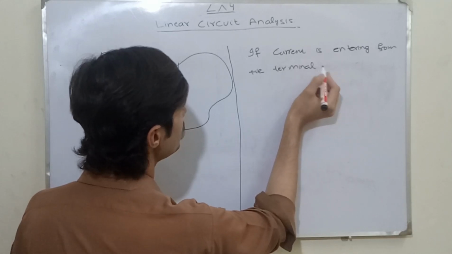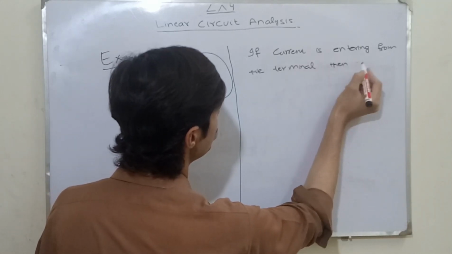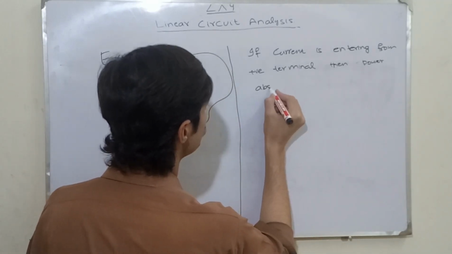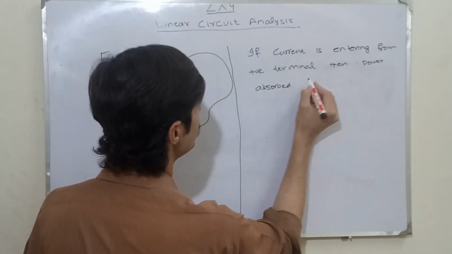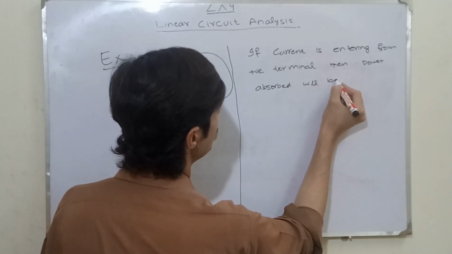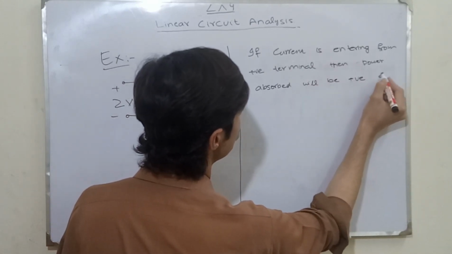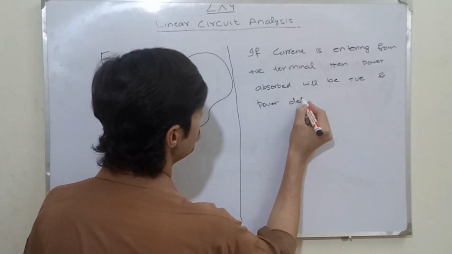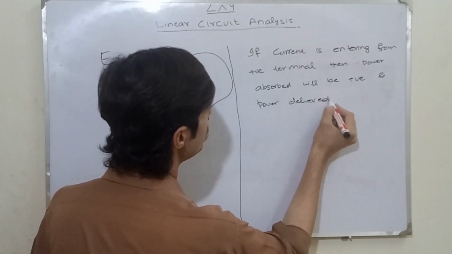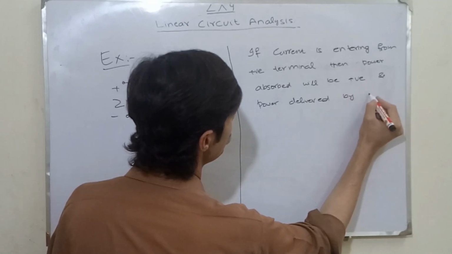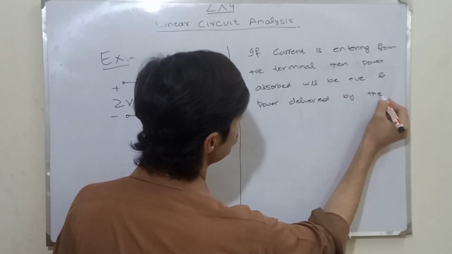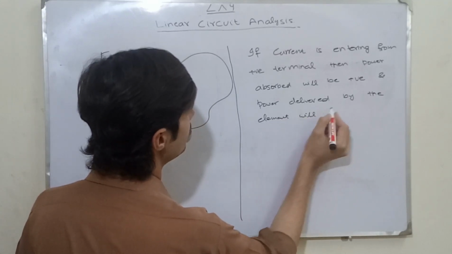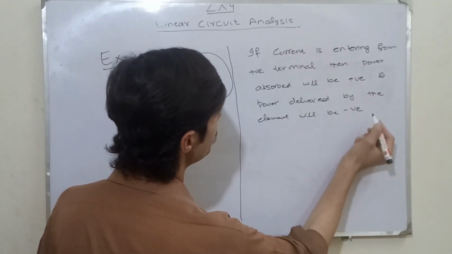If current is entering from the positive terminal, then power absorbed will be positive and power delivered by the element will be negative.